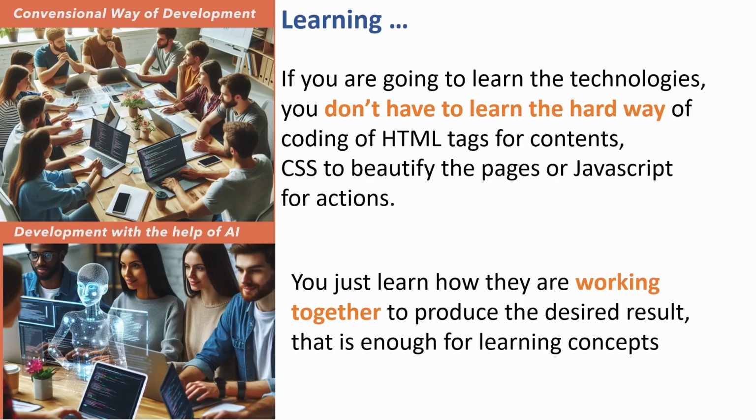Initially you had to learn everything syntax-wise and the way it can be represented, then only you could develop the front end. But now the AI is developing using all these codes, so you don't have to learn the syntax the hard way, whether it is tags in HTML, the programming language for JavaScript, or CSS to instruct the objects.